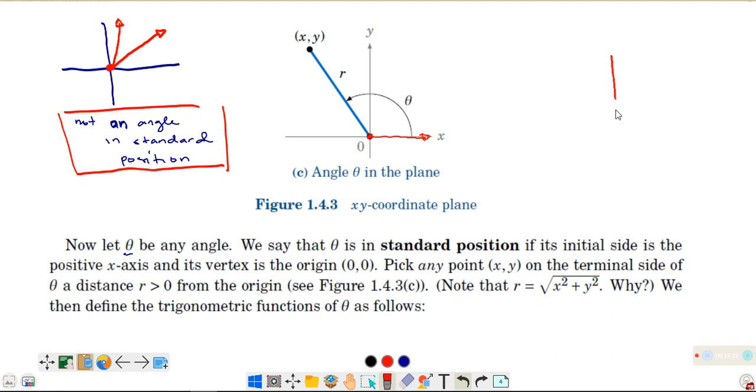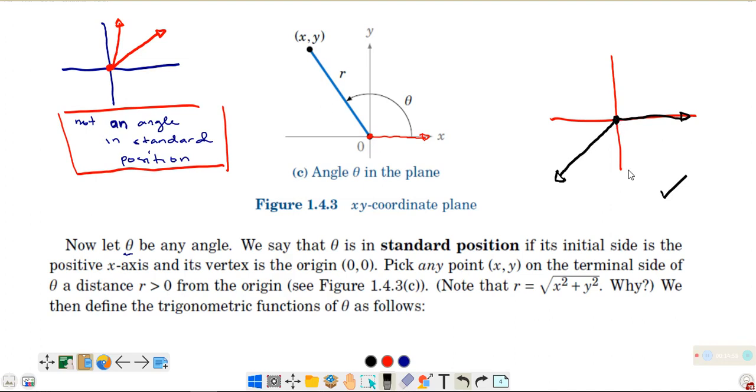So again, this is not an angle in standard position. Gawa tayo dito ng isang angle in standard position. Ito ang initial side. Ito ang terminal side. So this is an angle in standard position. Same as this one. Pareha silang angle in standard position since the initial side is in the positive x-axis and the vertex is at the origin.